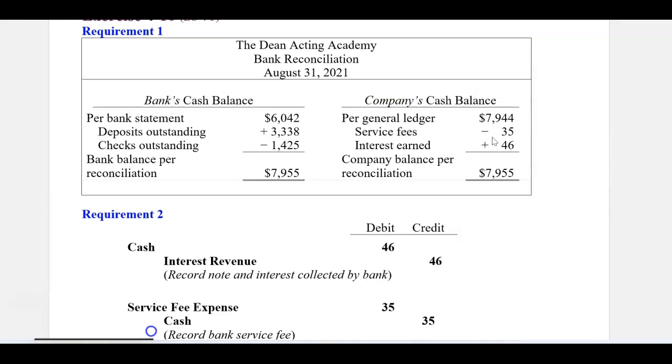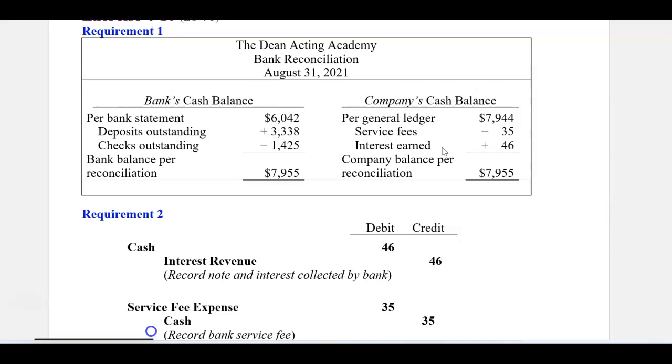Okay, so the service fee is a debit memo showing in your bank statement, and those are things that you didn't know about till you see the debit memo in the bank statement, and you see, oh okay, there's a $35 service fee, so I'm going to recognize that and deduct it from my book, the company's cash balance.